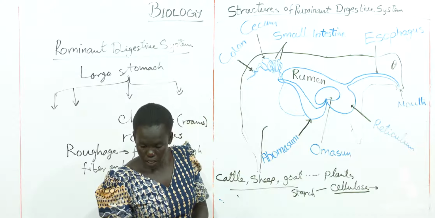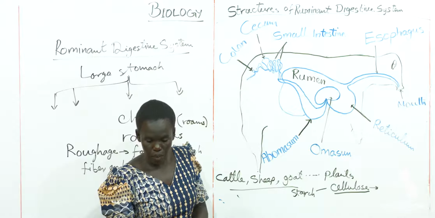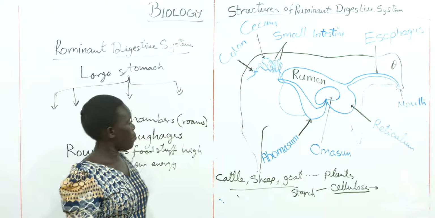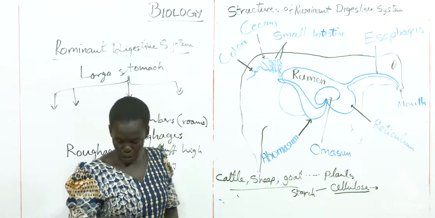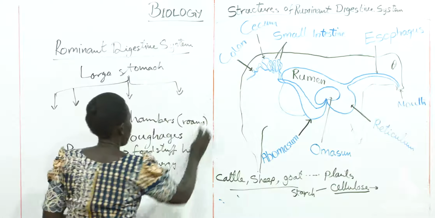That's why we said ruminants differ from monogastric animals.